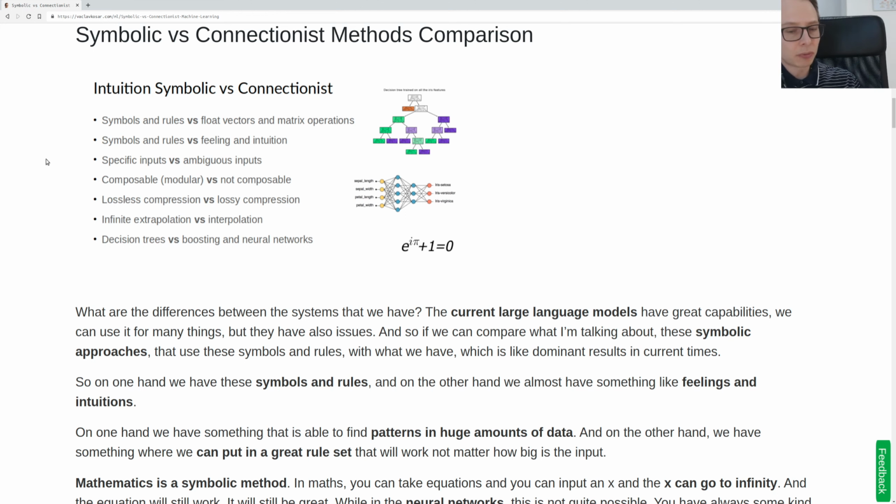Whereas in neural networks, there's always some kind of limited domain. Algorithms, for example decision trees, are very readable, quite understandable. They don't have some kind of hidden representation, while neural networks do. They have these embeddings.